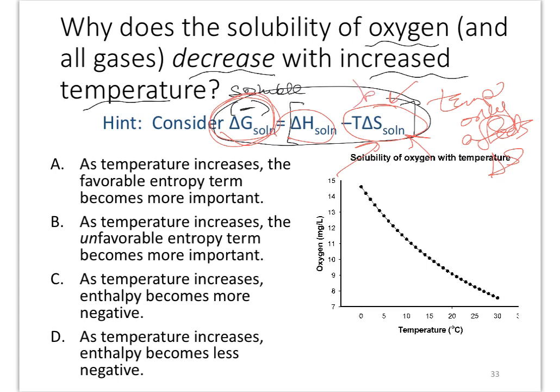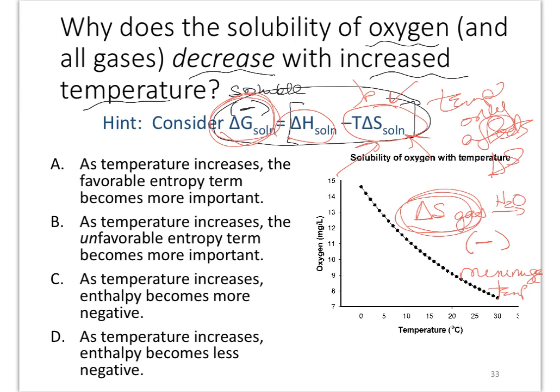Okay? So the correct answer is, we know that the change in entropy for a gas being dissolved in water is unfavorable. It has a negative sign. So anytime entropy is unfavorable, decreasing, we want to minimize temperature.